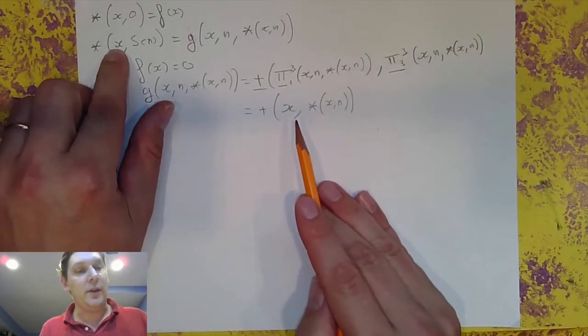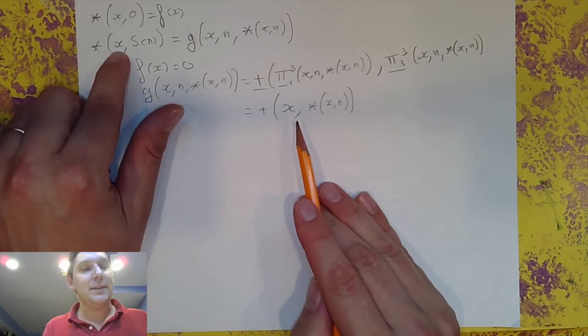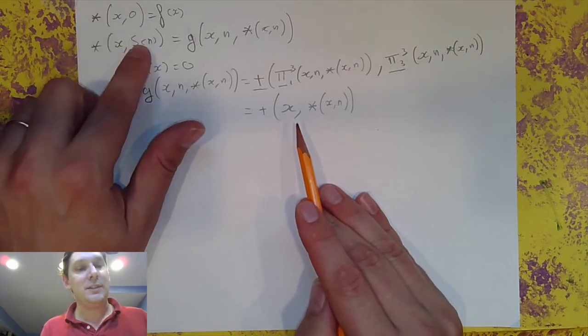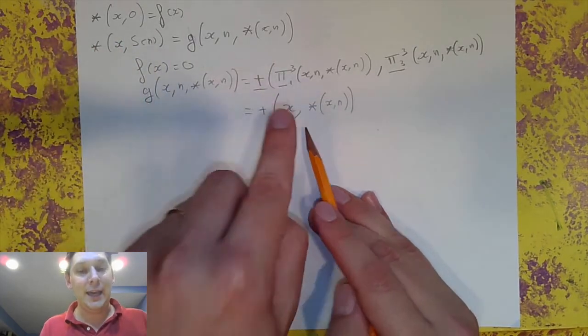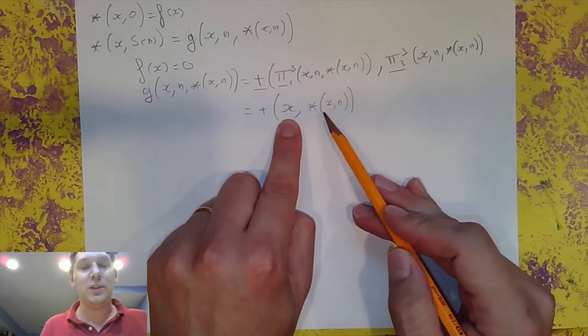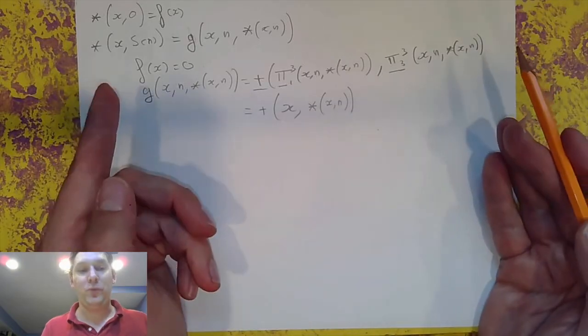Multiplying x by the successor of n is the same thing as adding x to the multiplication of x by n, right?